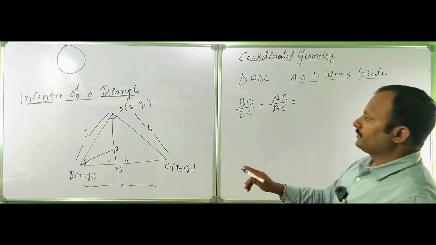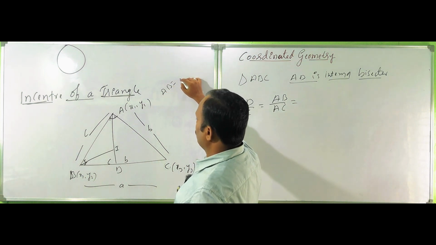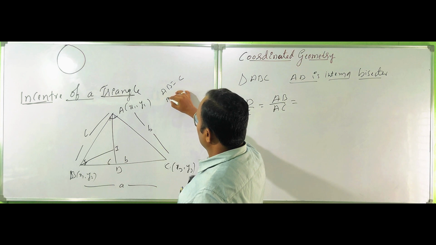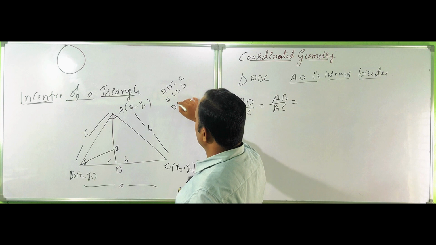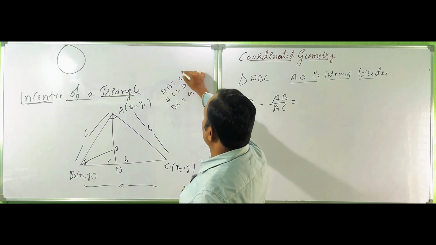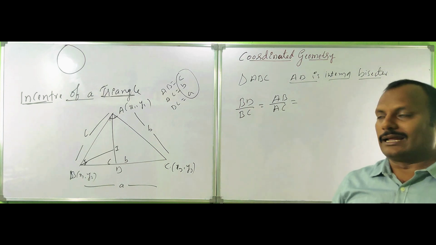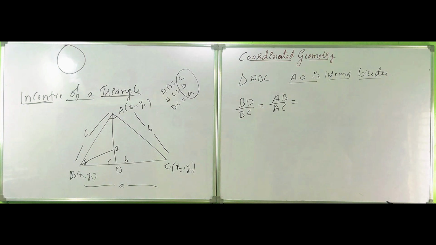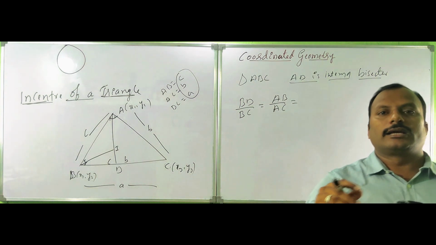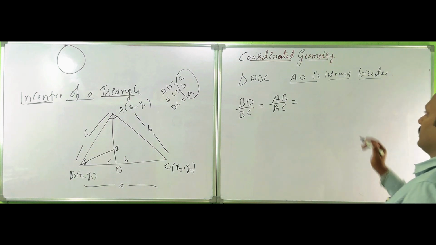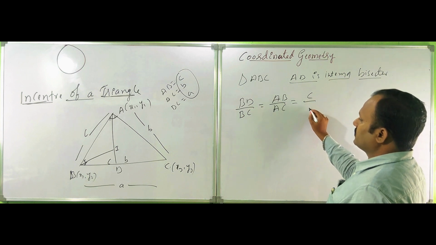What is AB? They have given the condition: AB is equal to c, AC is equal to b, and BC is equal to a. They are the lengths of the opposite sides of the angles of triangle ABC respectively. Then AB becomes c and AC becomes b.